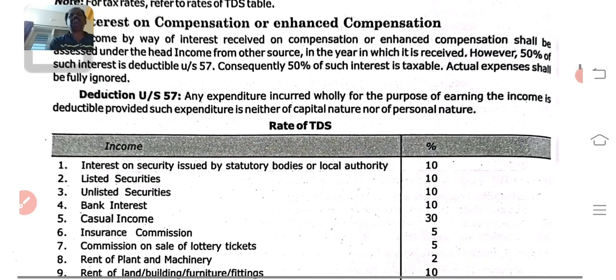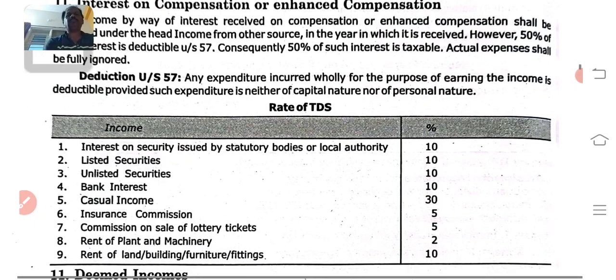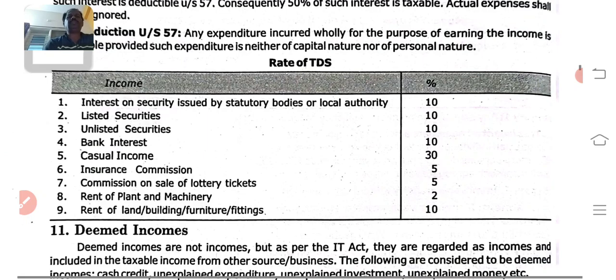So, deduction under section 57. Any expenditure incurred wholly for the purpose of earning the income is deductible provided such expenditure is neither of capital nature nor of personal nature. What is the rate of TDS? The first one is interest on security issued by statutory bodies or local bodies at 10%.